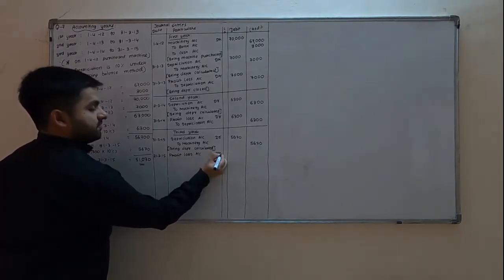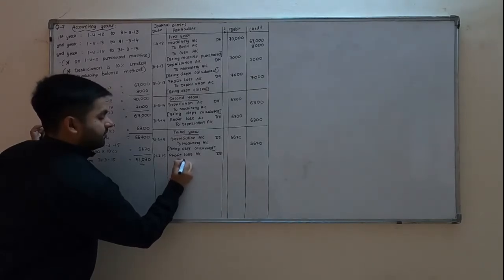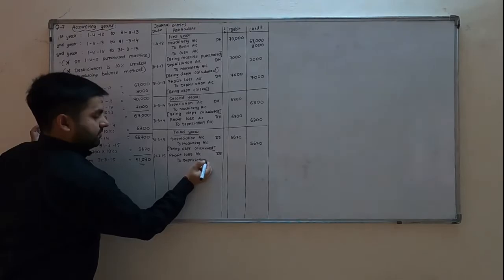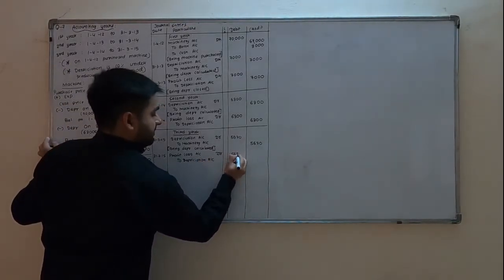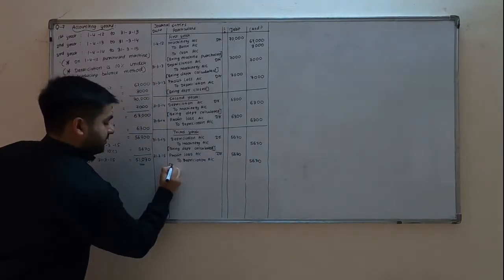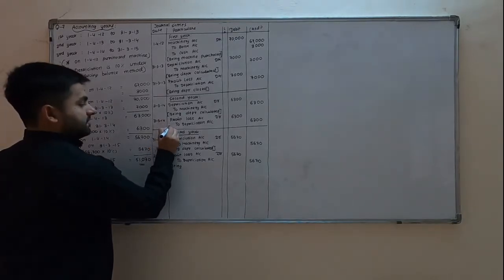Profit loss account debit to depreciation account. 56/70. Here narration is left.